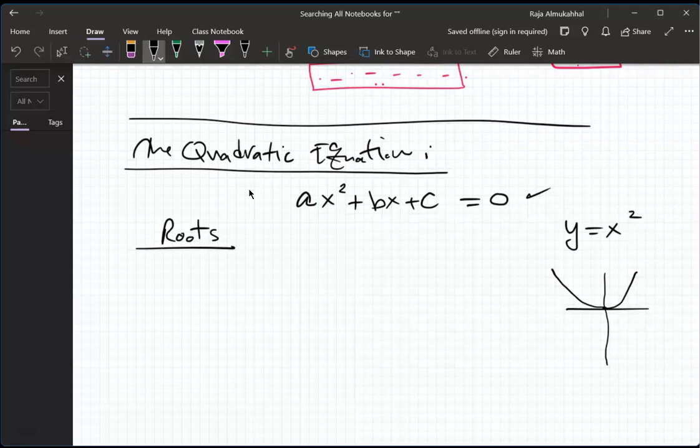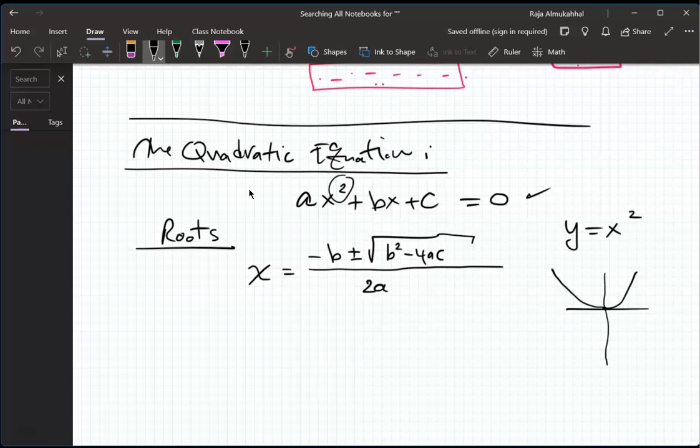Of course, we have the second degree equation, as you can see here, so we are expected to get two roots. And to get those roots, x equals, you want to use the quadratic formula. And I hope you memorize it. So minus b plus or minus square root of b squared minus 4ac, divided by 2a. From my experience, most students memorize it because you use it so much. So there it is. This is how you do that.